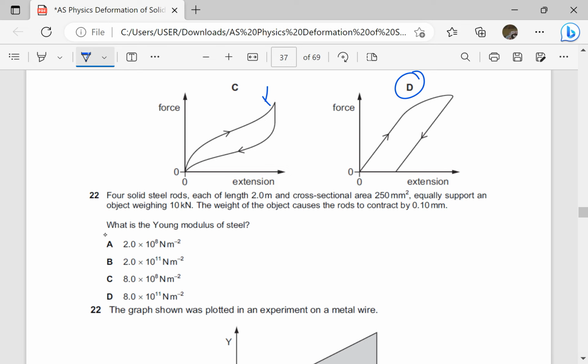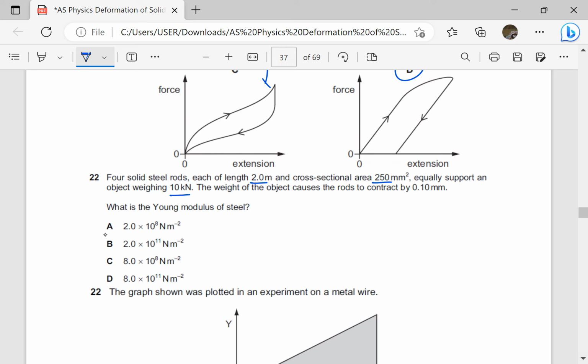Four solid steel rods, each of length 2 meters and cross-sectional area 250 millimeters squared, equally support an object of 10 kilonewtons. The weight of the object causes the rods to contract by 0.1 millimeter. Let's see the contraction of one rod if it was used alone.